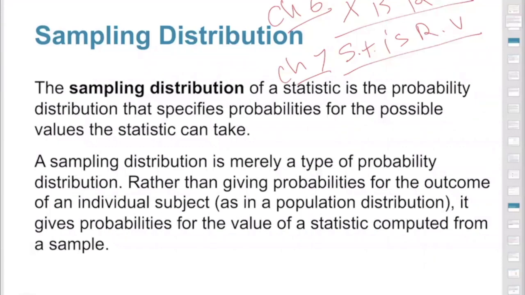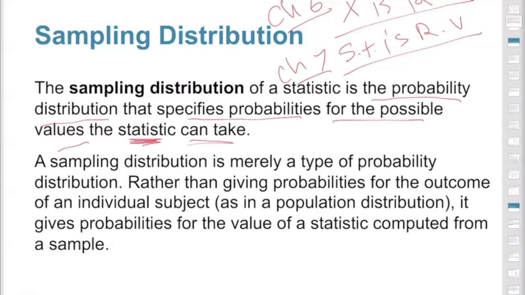So as you can see here from the definition, the sampling distribution for a statistic is a probability distribution. So it's like chapter number 6, a probability distribution. But of course, this distribution gives us specific probabilities for the possible values a statistic can take, not for a random variable X, for example.